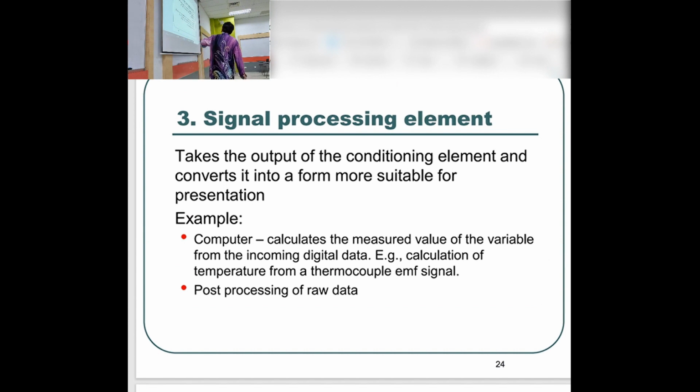Number 3, signal processing element. For this one, I only put one slide because we're going to see it later using software. We have DasyLab software. Usually when you do programming, you use MATLAB or whatever programming software, you need to write code, isn't it?